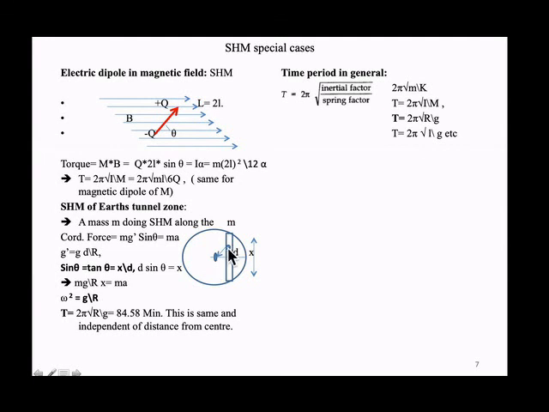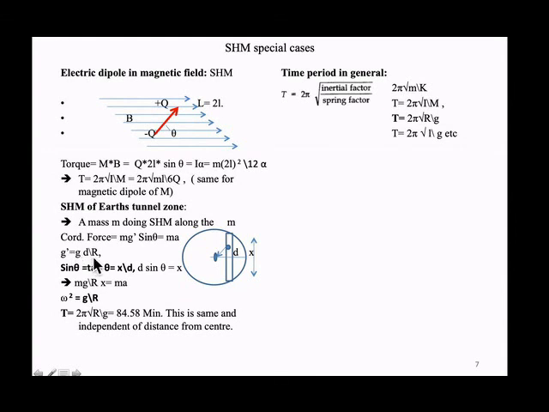Mg cannot come here because there is a slot, a frictionless slot, so it has to come this side. What is this? It is mg sin theta in this direction. It is a force pulling it down, which is providing acceleration to this m. So mg dash sin theta is equal to ma.